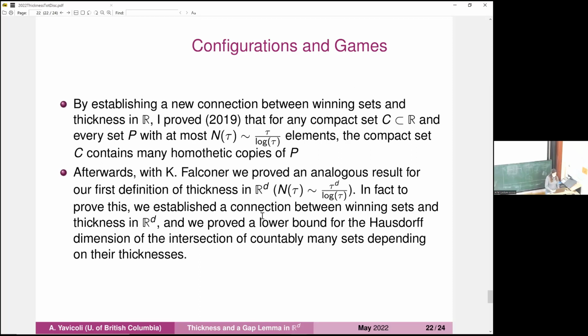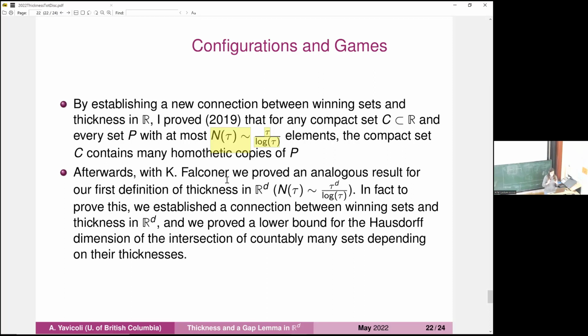Well, by establishing a new connection between winning sets and thickness in the real line, I proved a couple of years ago that for any compact set and every finite set P with at most this number of elements, the compact set contains many homothetic copies of P. Afterwards, with Kenneth Falconer, we proved an analogous result for our definition of thickness.